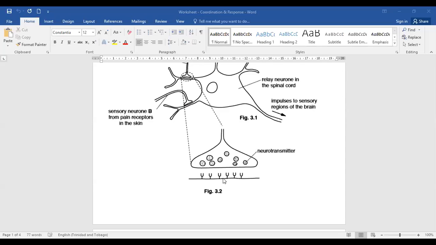Well, polarization would account for the continuation of the transmission, but we want to know what ensures that the impulses only travel in one direction. How do we ensure that these chemical transmitters only go here and they don't go the next direction or wherever?